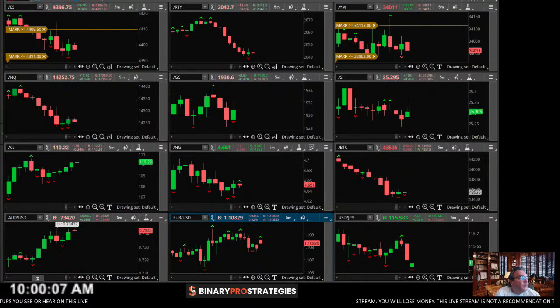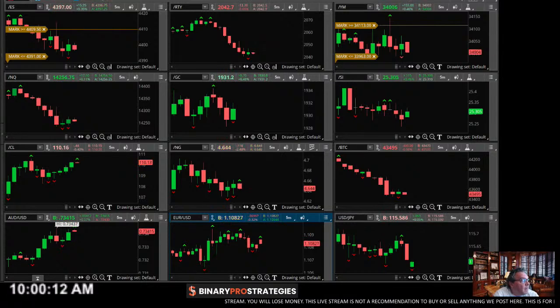Profit target hit already on crude oil. Crude oil's been a good one. Well, it's been a little choppy, but it's starting to pick up again.